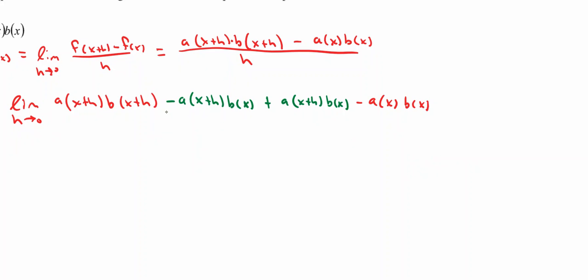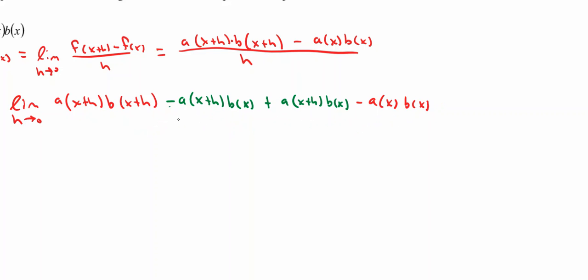I subtracted a of x plus h, b of x, and then I added it, so that was 0. I didn't actually introduce anything, I just did it and took it away. But the reason why I did that is because now we can do some factoring by grouping here. I can factor some stuff out of this, and I can factor some stuff out of this to make it work out.